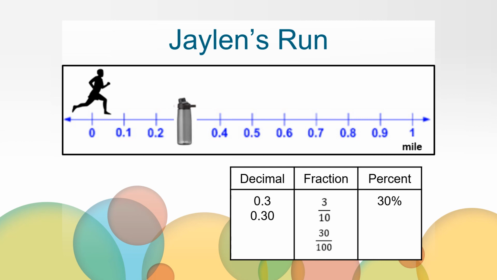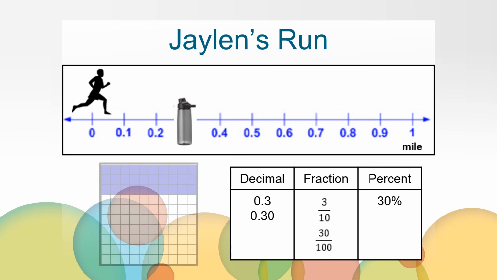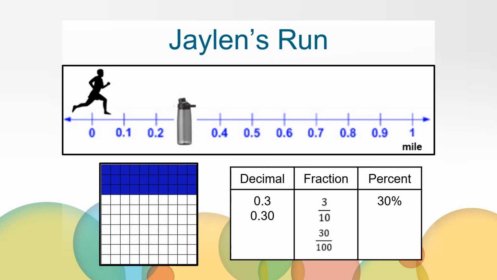I can also represent it as a fraction, 3/10. I could also say it's 30/100 or 30/100ths. And since I know percent is per 100, 30/100 can be written as 30%.